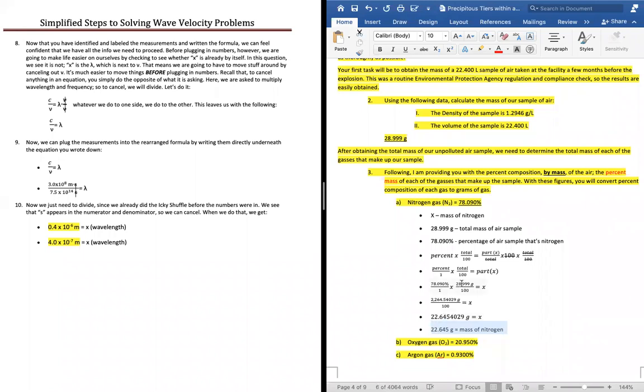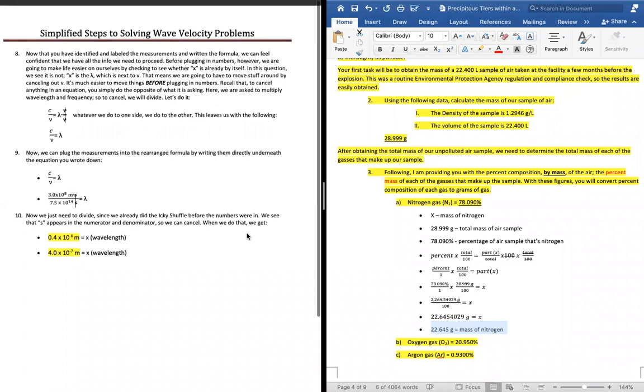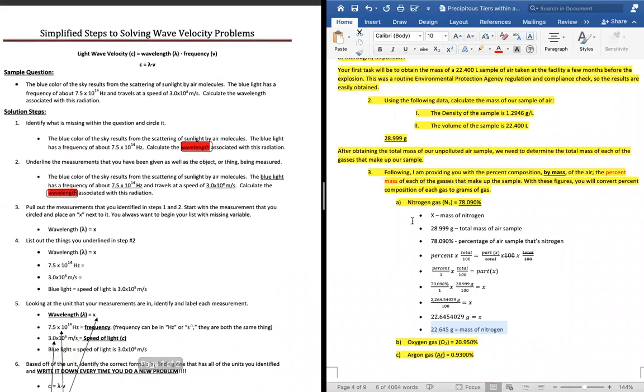But again, it's not a huge deal there. So there's the math steps. This is the work that I'm asking you to show. So again, hopefully you're starting to see as we go through more and more of these that every question I give you, you can do exactly the same way. The thought process is exactly the same. It greatly simplifies what I'm asking you to do. It greatly simplifies all math by going through it this way.